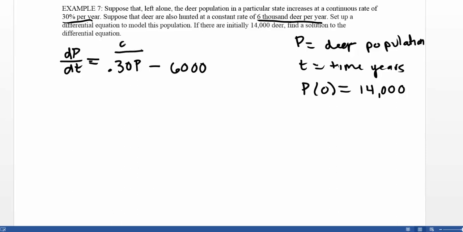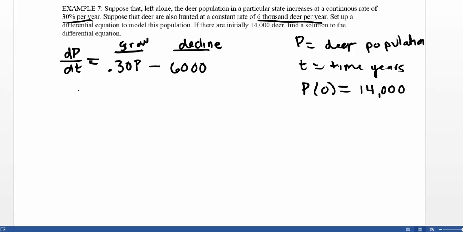So this is the amount that we are growing, but this is the amount that we are declining, right? So when you're losing something, you have to subtract it. So we have our differential equation here, and we want to solve this so that we have p as a function of t. So p equals something in terms of t.